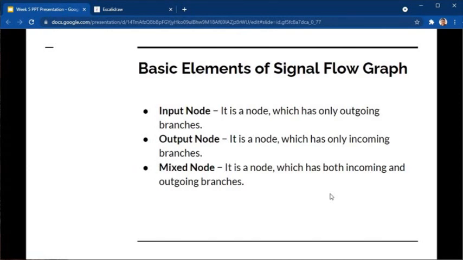So from the input node, it can only go out. The output node has only incoming branches. Signals can only come in on our output node. For our mixed node, it has both incoming and outgoing branches.